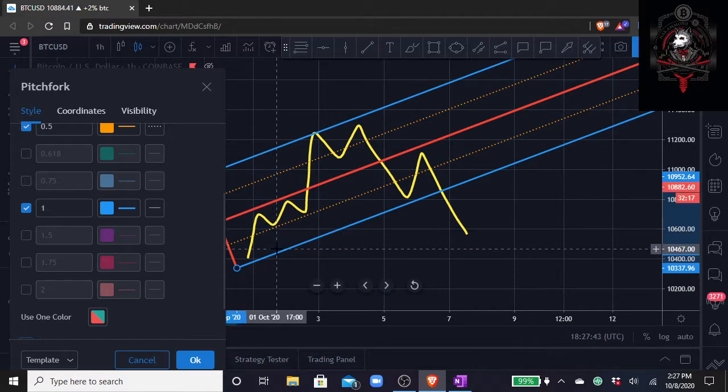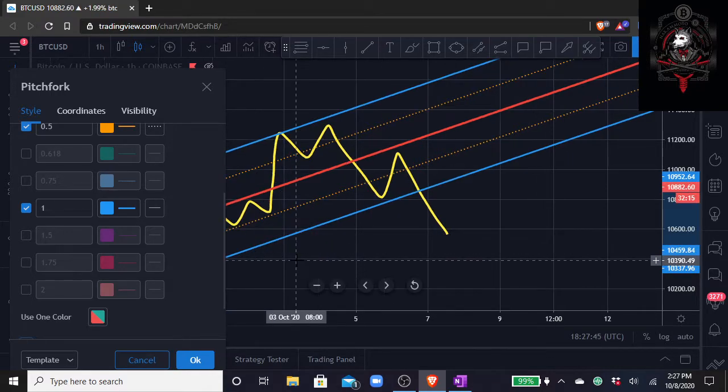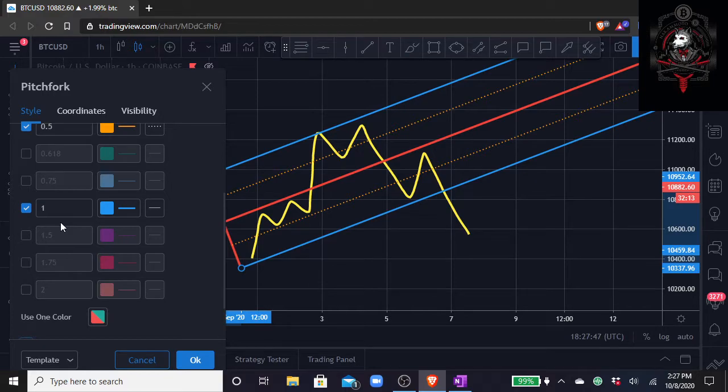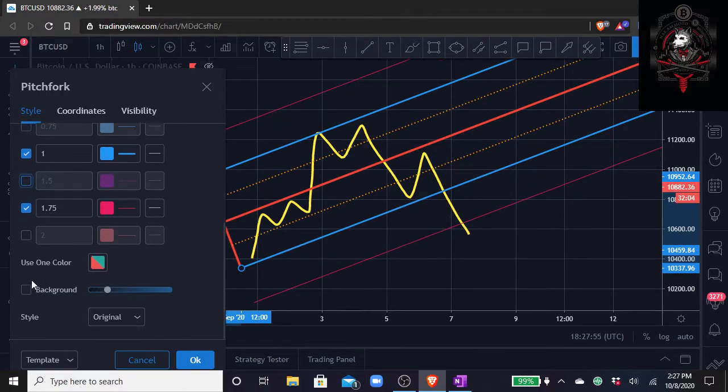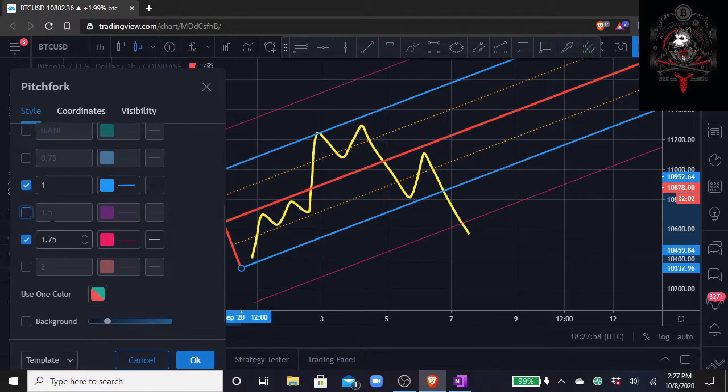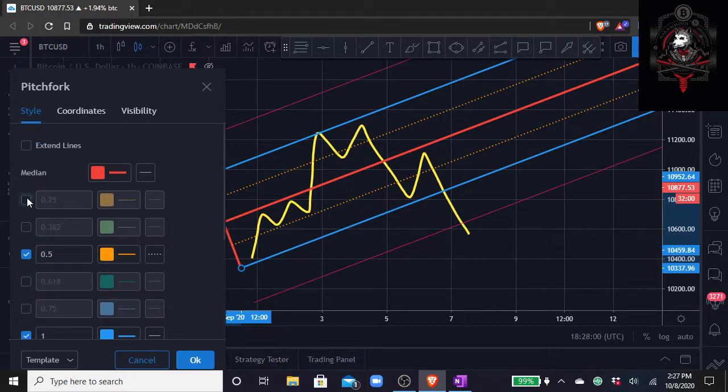So if we got, you can go 1.5, 1.75. And then on the top you can go 0.25, and see it adds lines in there. 0.32, and you can change the numbers to whatever you want.